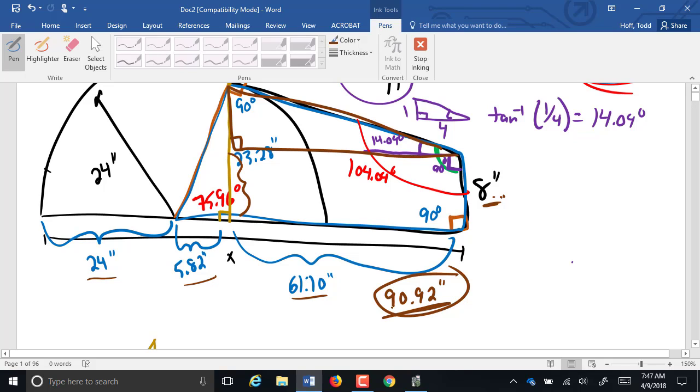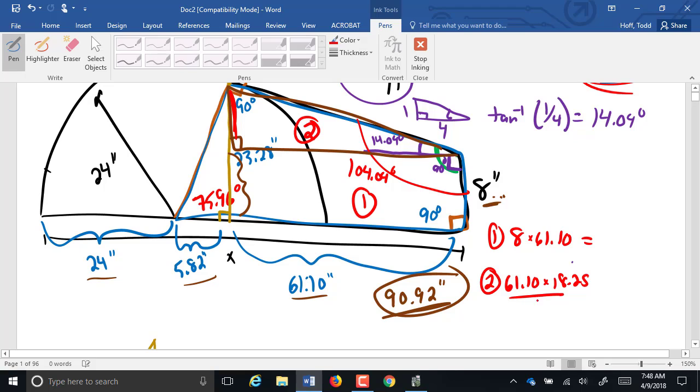How about the area now? Well, we have piece 1 right here that is 8 by 61.10. That's a rectangle. I'm not going to calculate that out. You guys can finish that at some point. We have piece 2 right here that's 61.10 times 15.28 was the height here, divided by 2 because that is a triangle.